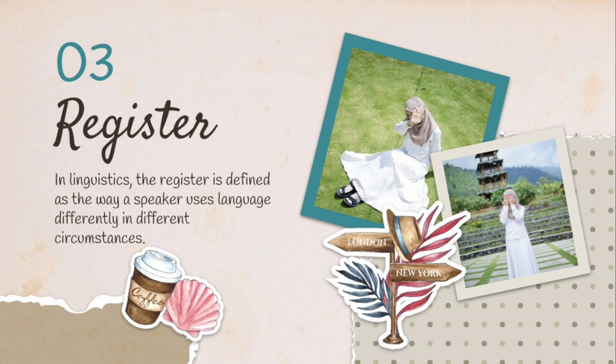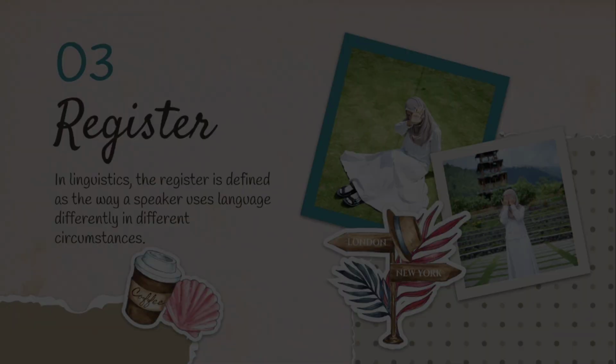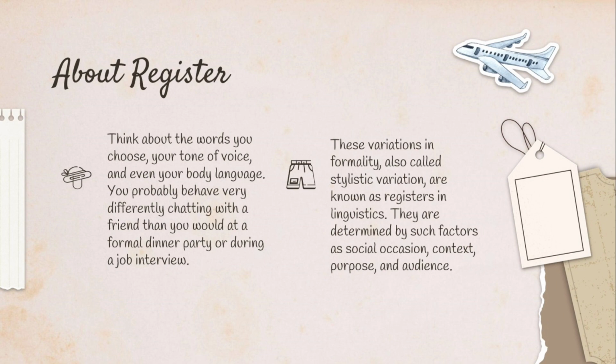Okay, and the third is register. In linguistics, the register is defined as the way a speaker uses language differently in different circumstances. Think about the words you choose, your tone of voice, and even your body language.